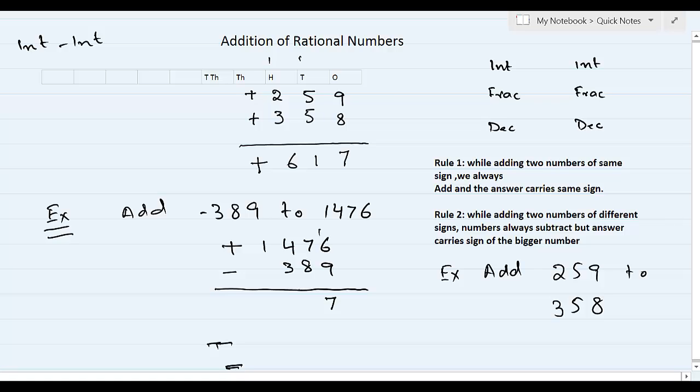What is left behind is 6 here, and we cannot take away 8 from 6, so we borrow another one to make it 16. 16 take away 8 would be 8, and here 3 is left behind, and 3 take away 3 is 0 and then 1, and the answer will carry the positive sign because that's the bigger number. So here is the answer for this.